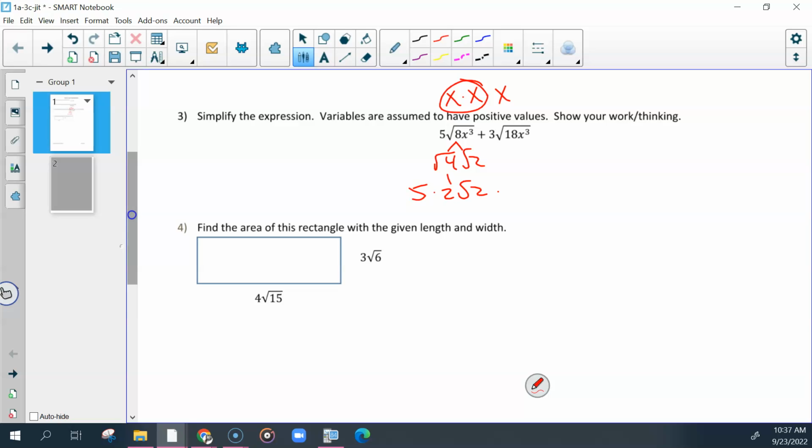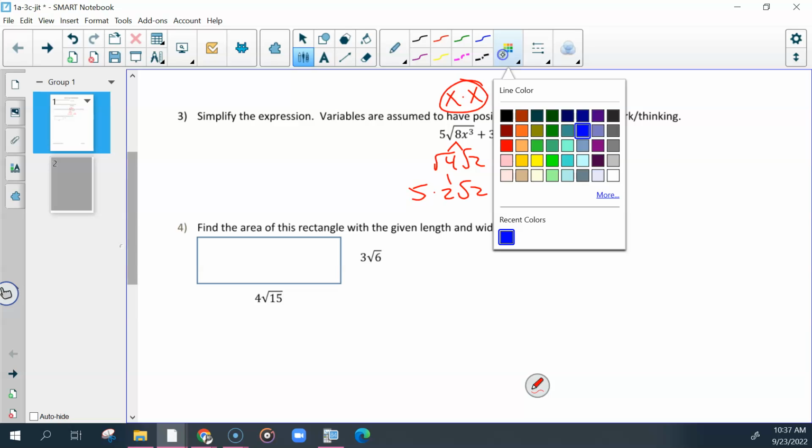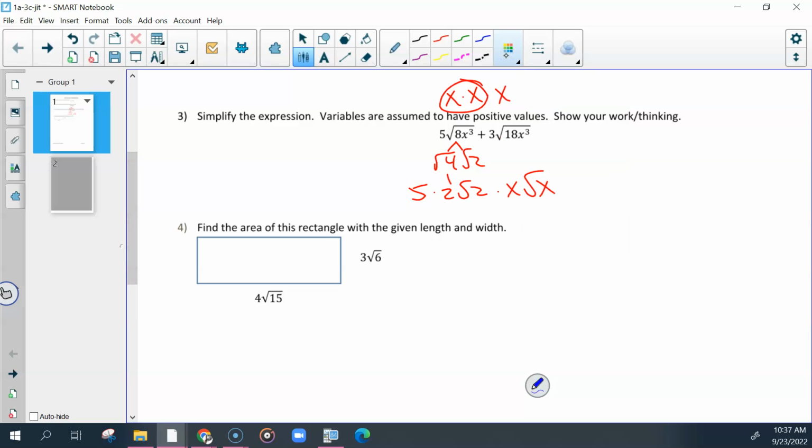So this would be x with the square root of x. And then we could do the same thing to the other one. For 18, we'd have the square root of 9 and the square root of 2, which would break down to 3 and root 2.